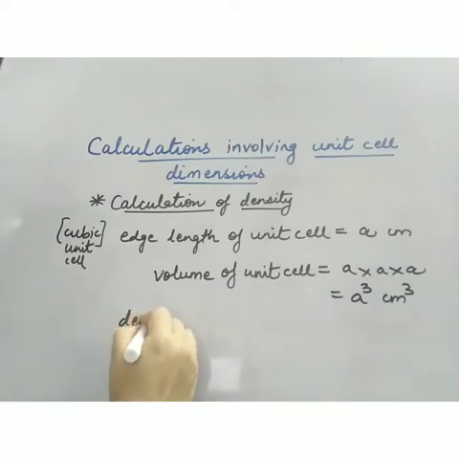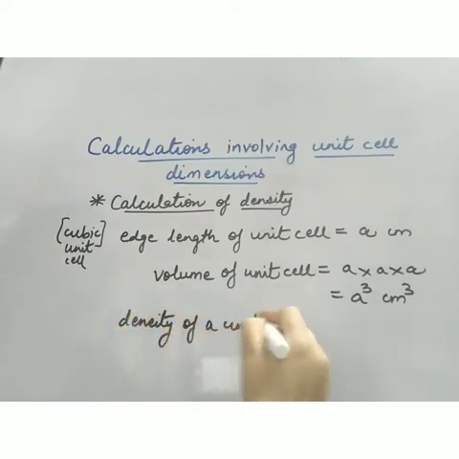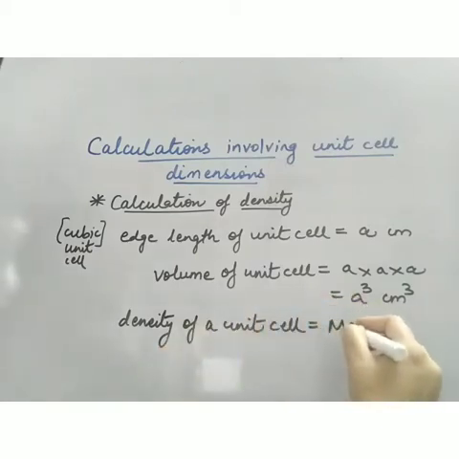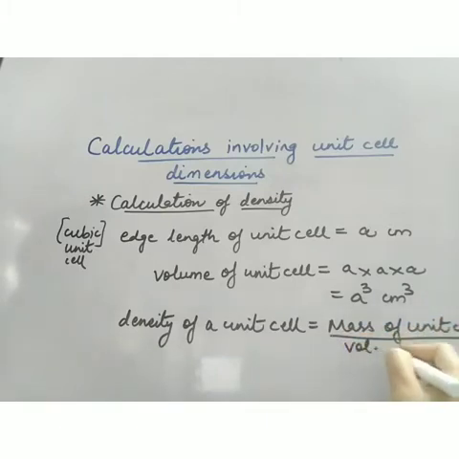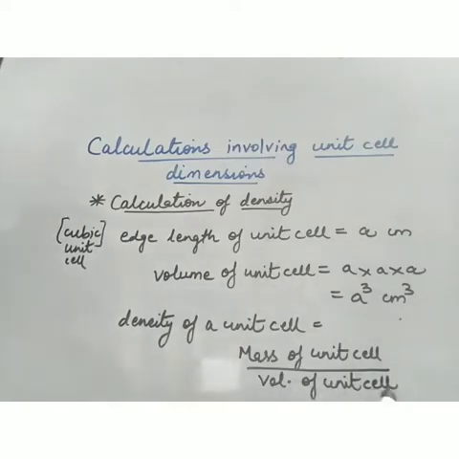Now what is the meaning of density of a unit cell? Density of a unit cell is equal to mass of unit cell upon volume of unit cell. Volume of unit cell we have already calculated, that is a cube.